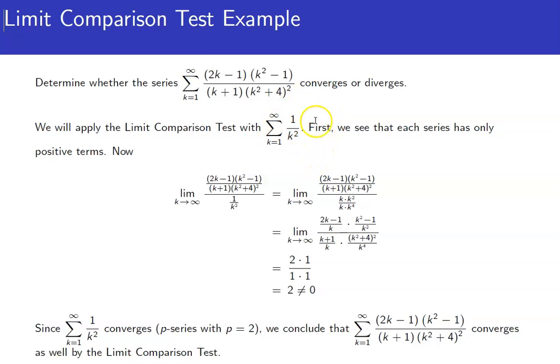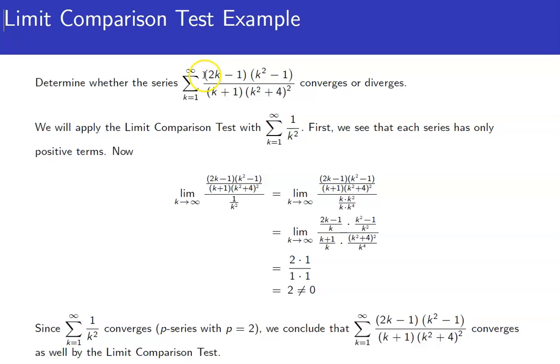All right, well, these are polynomials on top and on bottom. We know that as the exponent gets large, a polynomial is dominated by its highest degree term. So what I'm looking at when trying to figure out what these terms of this series are, what I'm trying to compare it to, I'm looking at the highest degree term of the numerator and the highest degree term of the denominator, and dividing those two things. That's how I'm getting this particular series.